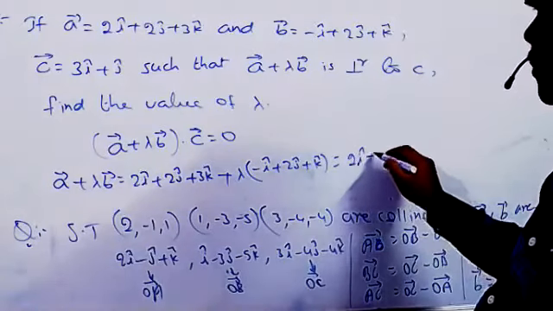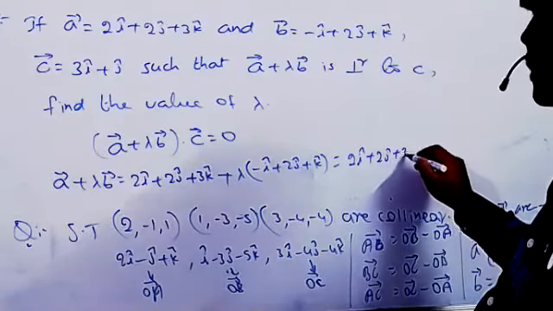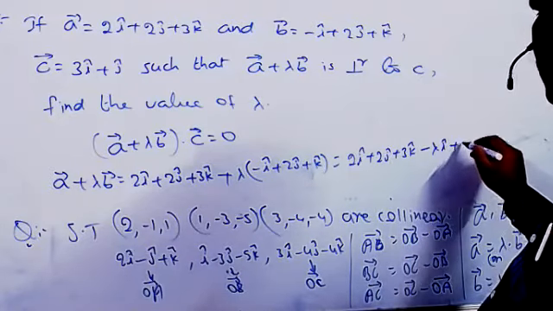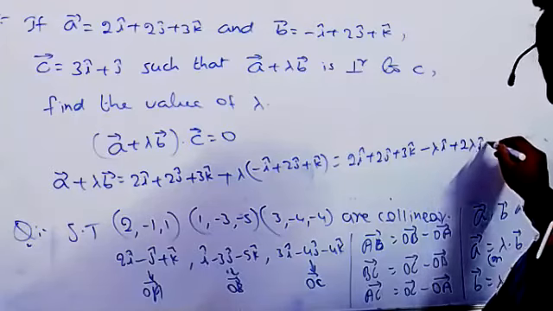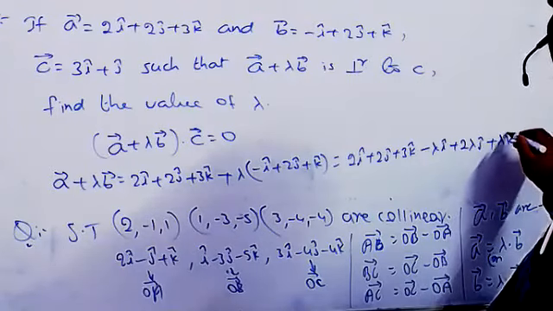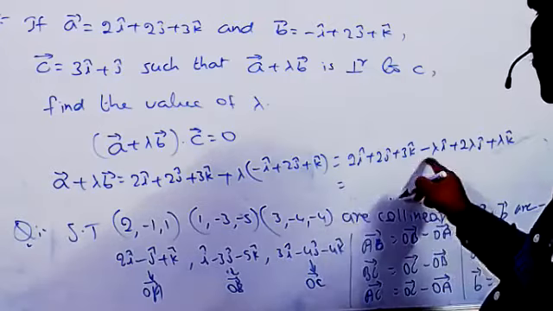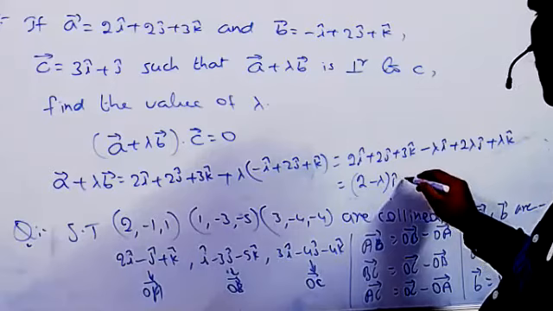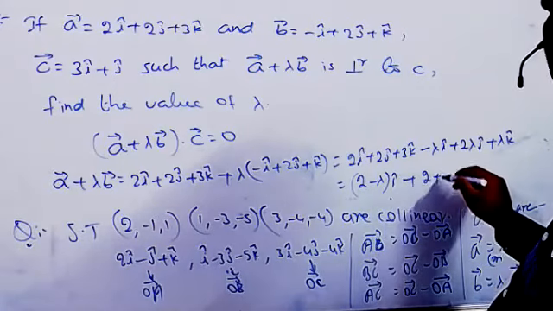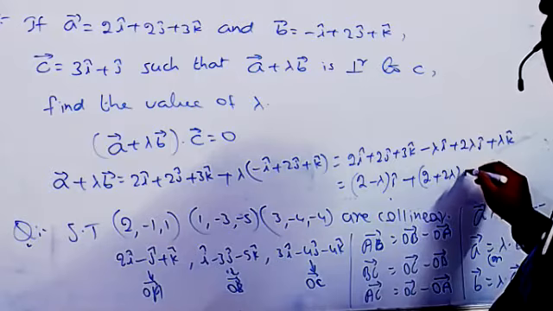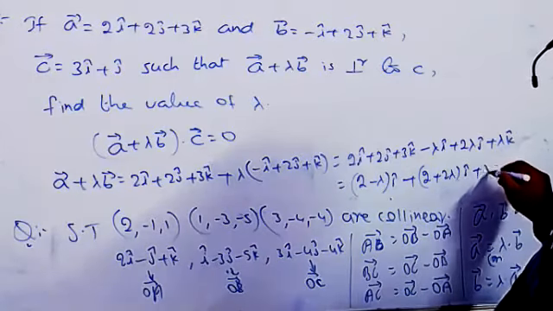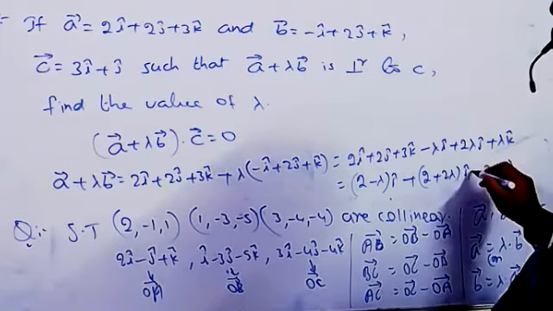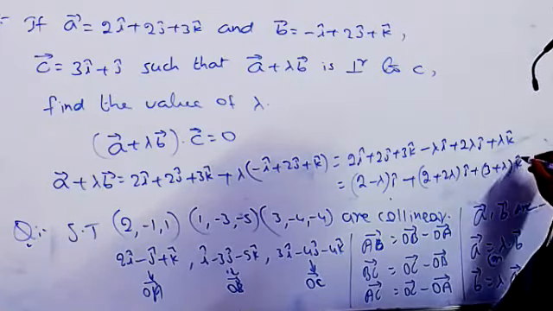So 2i plus 2j plus 3k minus lambda i plus 2 lambda j plus lambda k. So the sum of these two, if you take i, that means 2 minus lambda into i, plus 2 plus 2 lambda into j, plus 3 plus lambda into k.